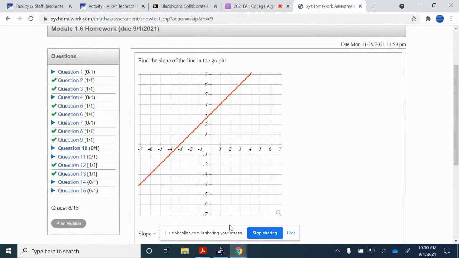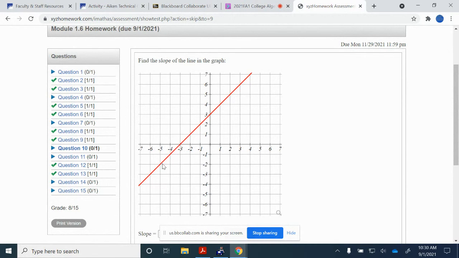All right, so we're going to calculate the slope. You may say, well, there's a lot of points on this line. So how do I know which points to actually take on the line? Well, the points you take on the line really don't matter.